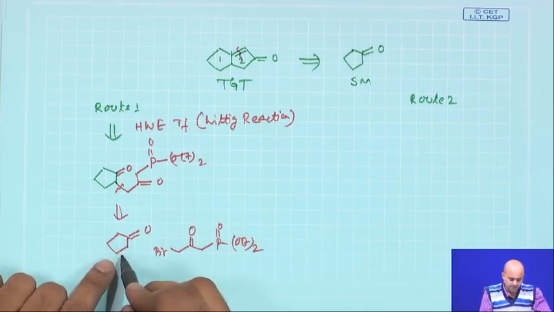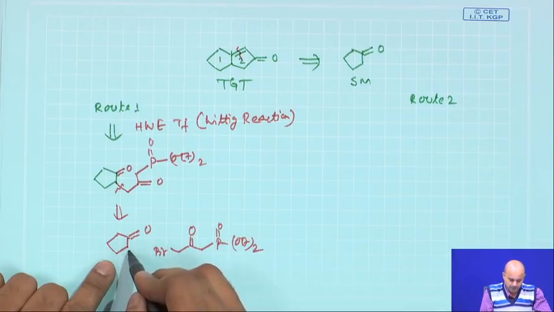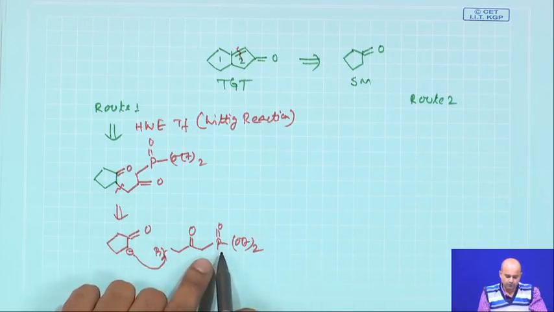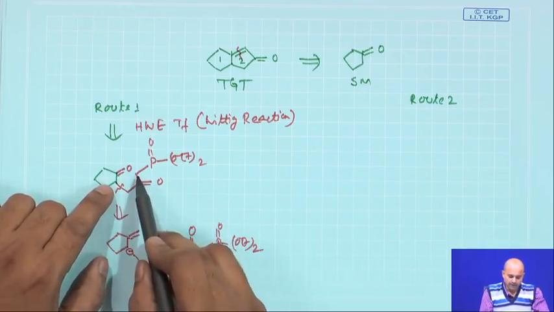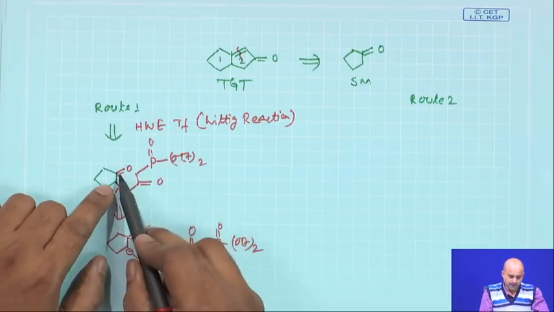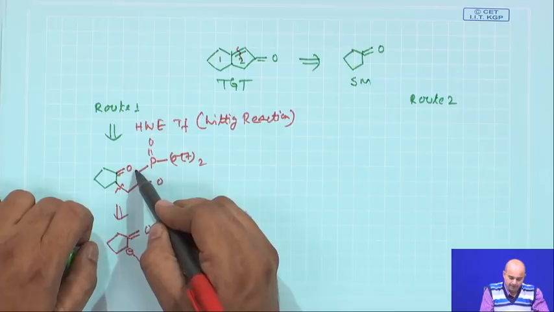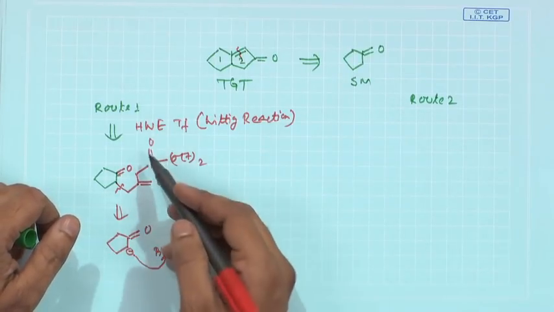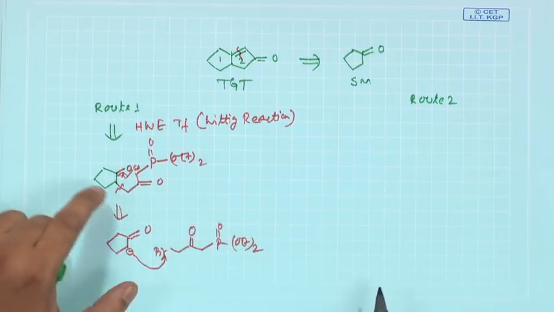So, what you need to do, you have a starting material which is given to you, you take one equivalent of base, that will give you the anion here, you react with this electrophile and come to here. Now, once the new carbon-carbon bond has been formed, it is having a phosphonate and you are having an electrophilic carbon. So, now you treat with sodium hydride as a base or other suitable bases for doing the intramolecular Wittig type of reaction, then you find this minus will go here. So, this is route 1.